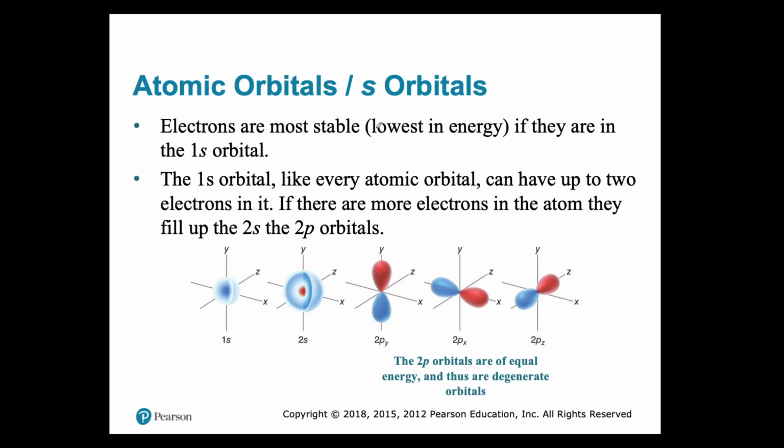Check this out. This is the 1s orbital right here. So what could possibly be this atom? Exactly, it's either hydrogen or helium, because they're the only two that only have 1s orbitals. They're up there on the 1s line.